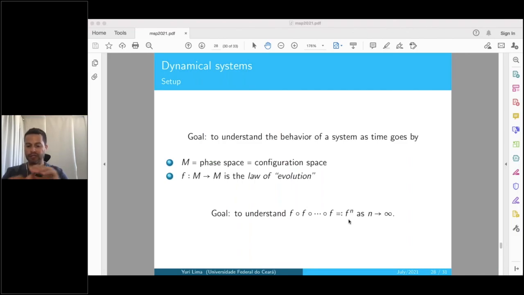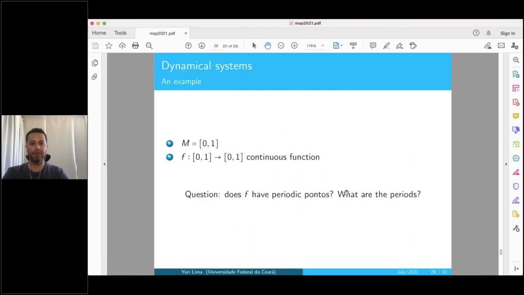And in order to understand this, perhaps the first thing that you should try to do in order to understand this big map here is to try to understand it by means of periodic points. Because when you have periodic points, well, you know the whole future of the point. For instance, if the point has period 2, you know the whole future, it only reduces to 2 points: x, f of x, x, f of x, and so on.